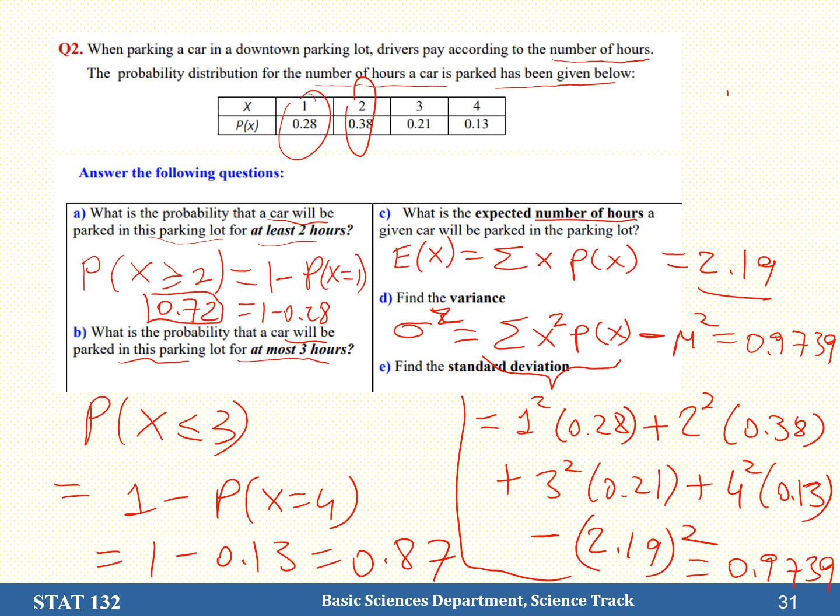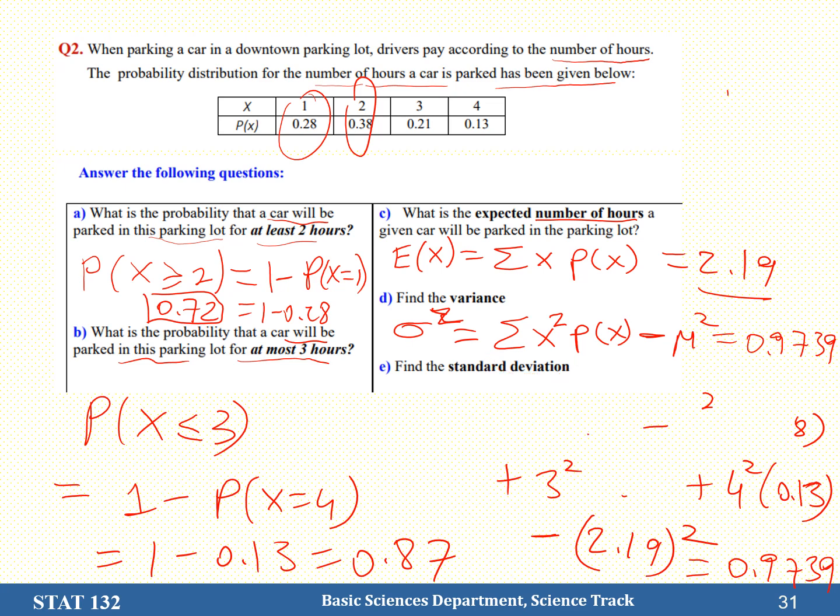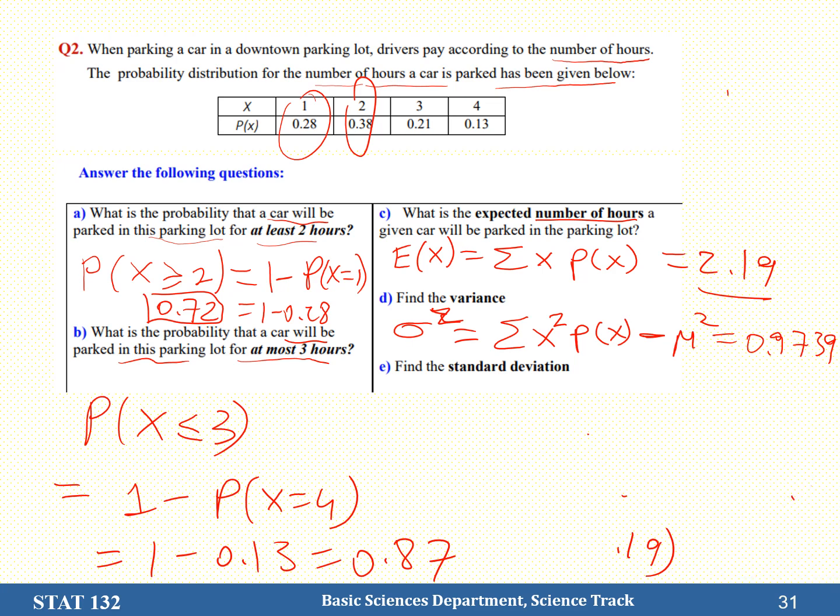Now what is the standard deviation? We know the standard deviation is the square root of the variance, so it will be equal to the square root of 0.9739, which is equal to 0.9867.